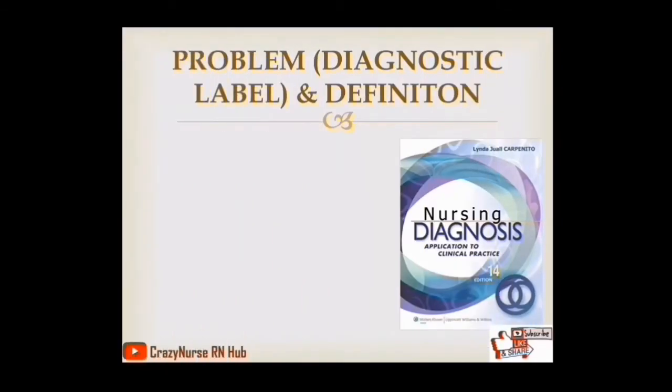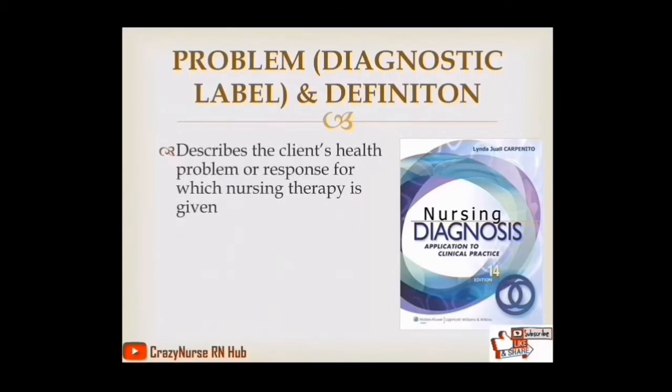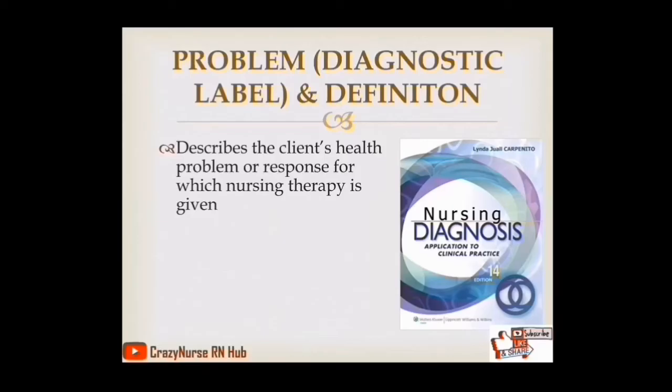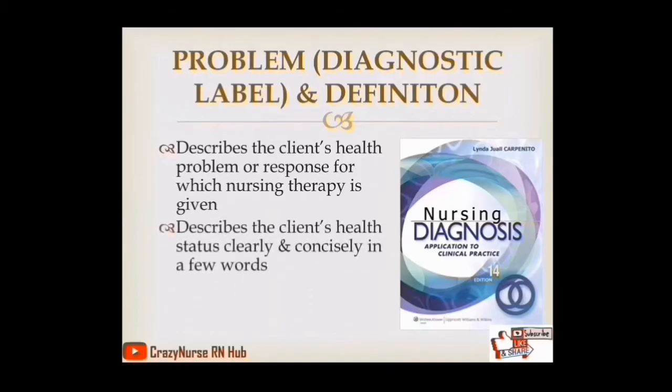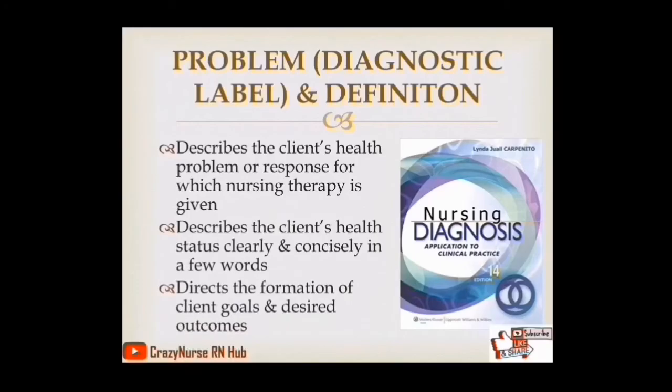For the problem or diagnostic label and definition, it describes the client's health problem or response for which the nursing therapy is given. It describes the client's health status clearly and concisely. In a few words, the purpose of the diagnostic label is to direct the formation of client's goal and desired outcomes. It may also suggest some nursing interventions.